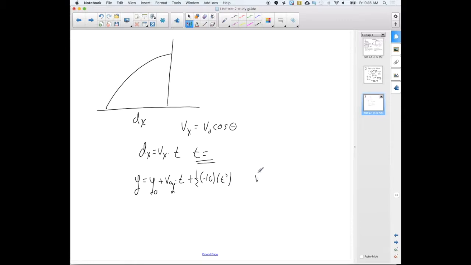I could also calculate the velocity at that point. Vy is v0y plus at, again with a equal to minus 10. If vy is a positive number, it's still going up. If vy is a negative number, it's coming down.